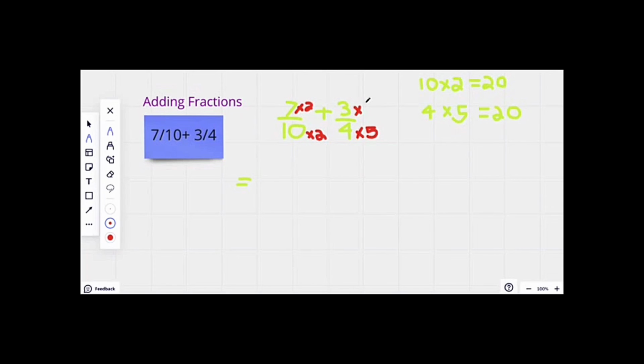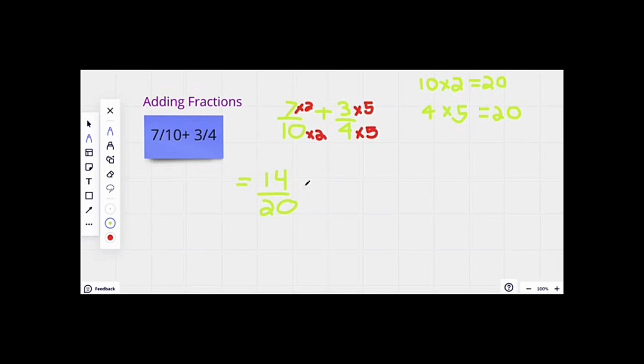Okay, now we are ready to rewrite our equation so that we can continue with our adding. So 7 times 2 is 14. And 10 times 2 is 20.